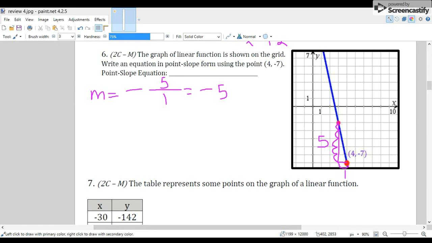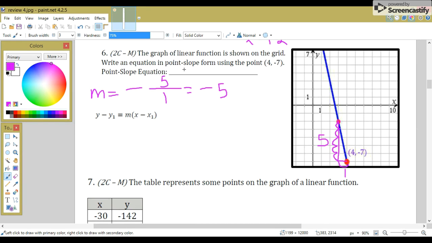So from here, we're going to write the point-slope equation. Let's recall the formula from before. We have y minus y1 equals m(x minus x1). From here, we're going to plug it in. So we have y minus -7. The two negatives cancel, they become a positive. So y plus 7 equals m, which is -5, parentheses x minus 4.